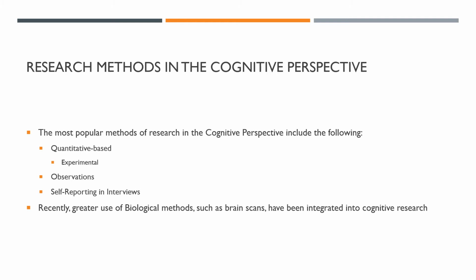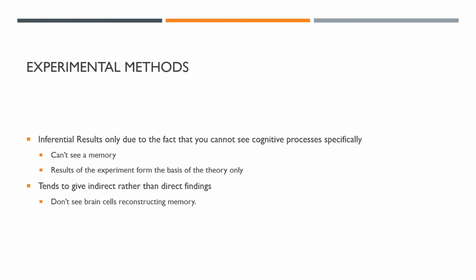So seeing the process, for instance, through which one remembers information or one thinks through to come up with a decision. And then also self-reporting in interviews. There are going to be some of the biological methods that we've talked about, such as brain scans, which have been integrated into cognitive research, though, as well.